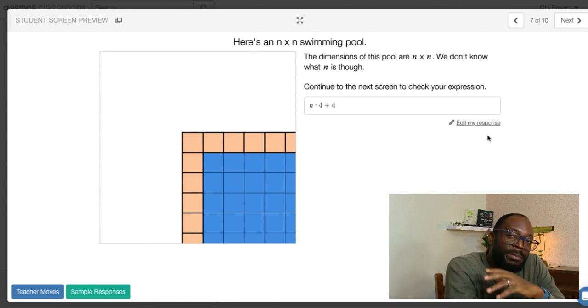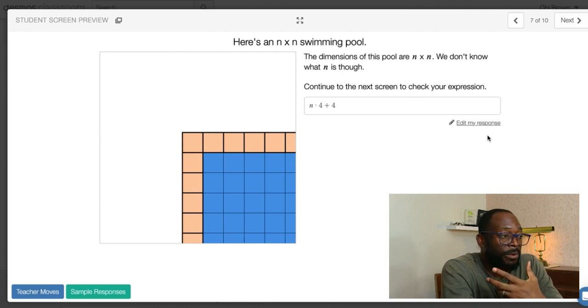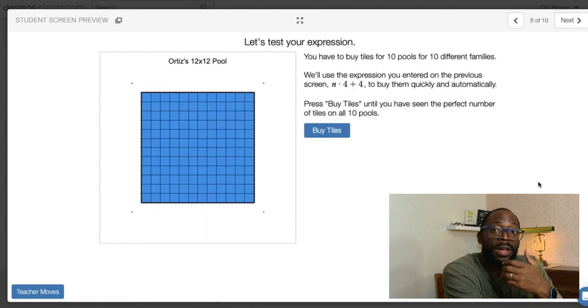From here, students begin to understand what we refer to as a general rule or an explicit rule, which is a rule that occurs for any occurrence of the problem, whether it's the first stage or the second stage or the nth stage. So this rule should be able to work for as many occurrences of this problem as possible.